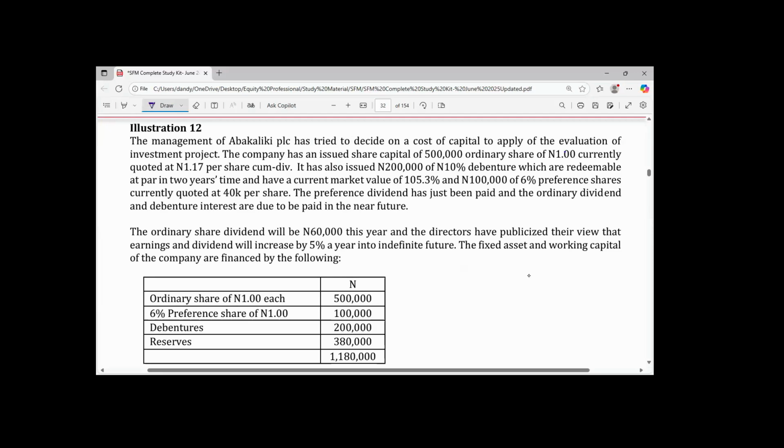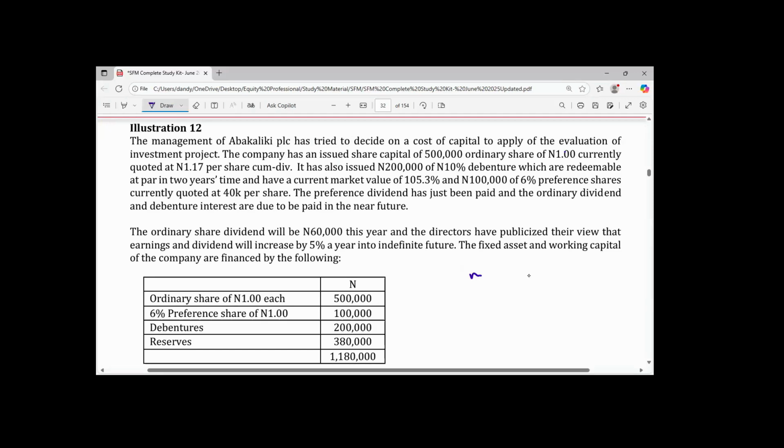So we discussed some terminologies, including business risk, financial risk, proxy company, as well as asset beta and equity beta.